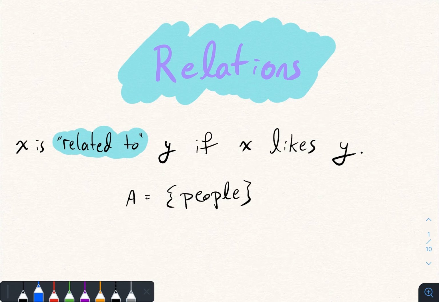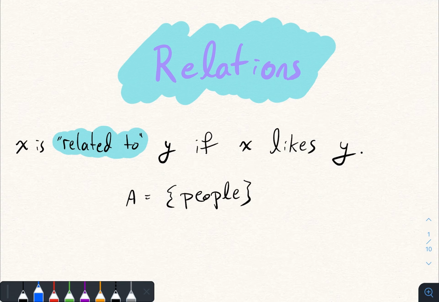Okay. There's all sorts of relations that you could impose upon a set. For example, you could have the usual way that we talk about one person being related to another person, like if you're in the same family, like I am related to my brother, who is related to my cousin, and so on.